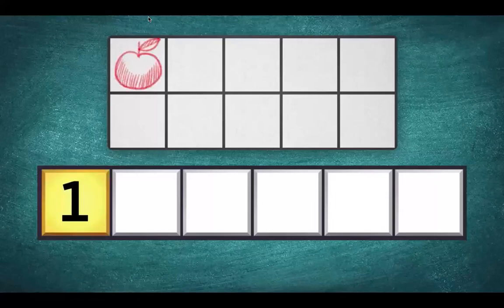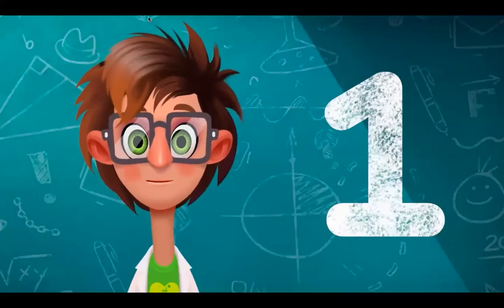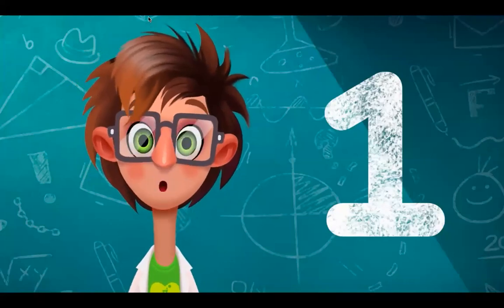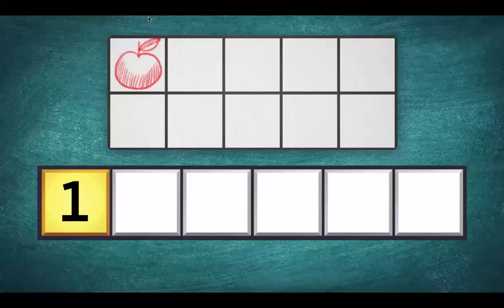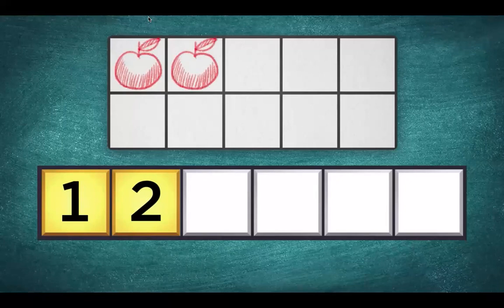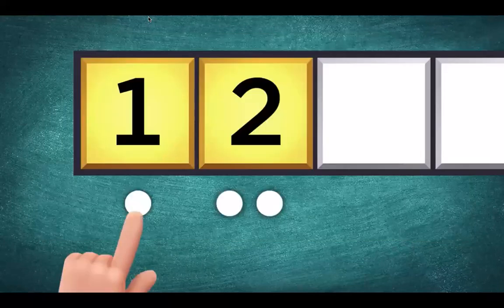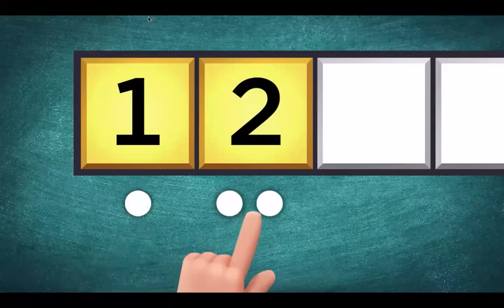1. Can you show 1 with your fingers? Take a look. Is this how you showed it? Good job. What number comes after 1? 2. But what does it mean? It means we have 2 of something. We used to have 1, but now we have 1 more. 1, 2, 2.